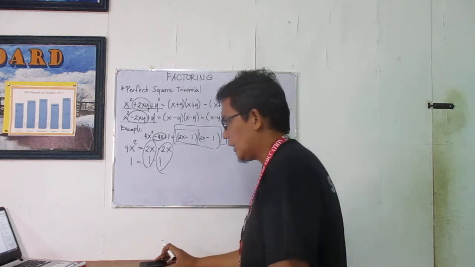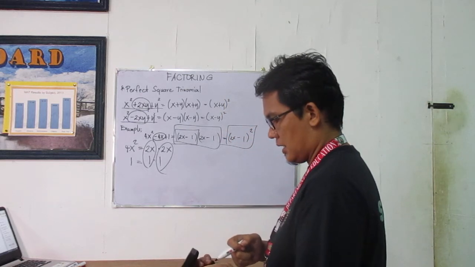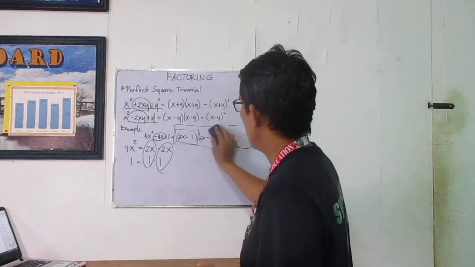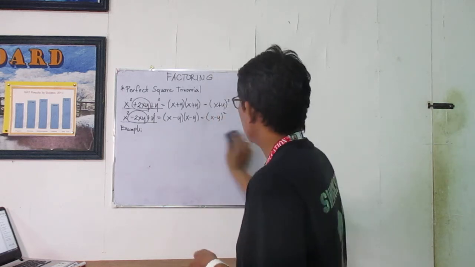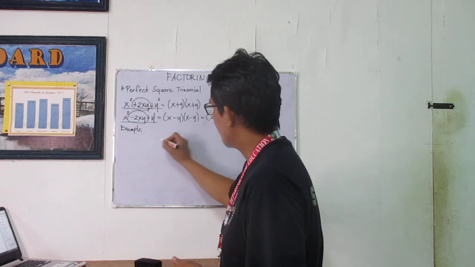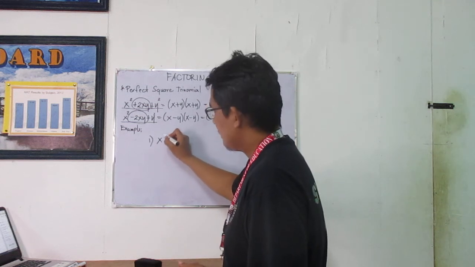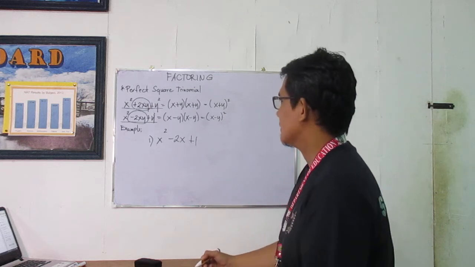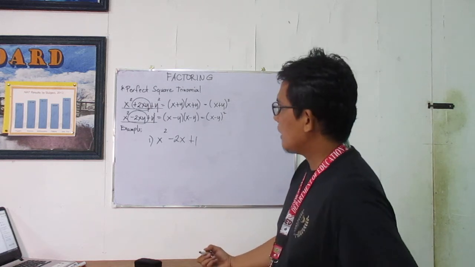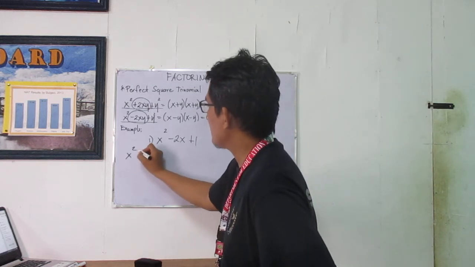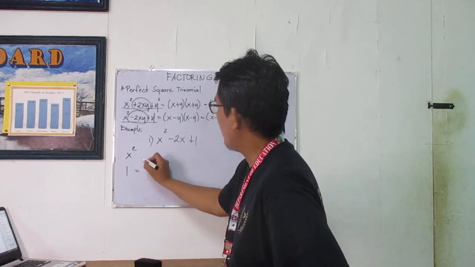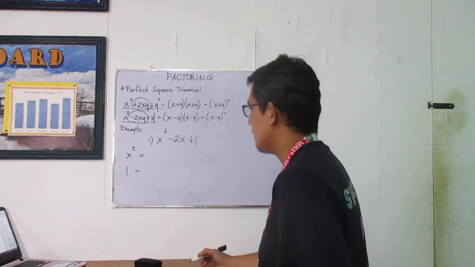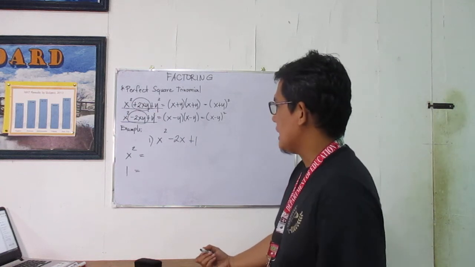Okay? Let's proceed to your activity. Let's try this, number 1, 2, and 3. Let us solve all those numbers. X squared minus 2x plus 1. Like what we did before, just get your first term x squared and your last term 1 and find an expression that is multiplied by itself, that the product is the first and the last term.